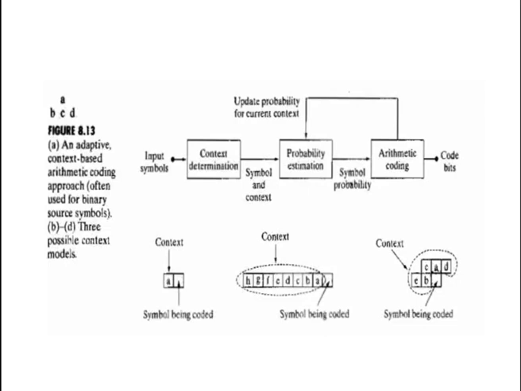In this section, we consider an error-free compression approach that also addresses the spatial redundancy in an image. The technique called Lempel-Ziv-Welch, that is LZW coding, assigns fixed length code words to variable length sequences of source symbols. LZW coding is conceptually very simple.